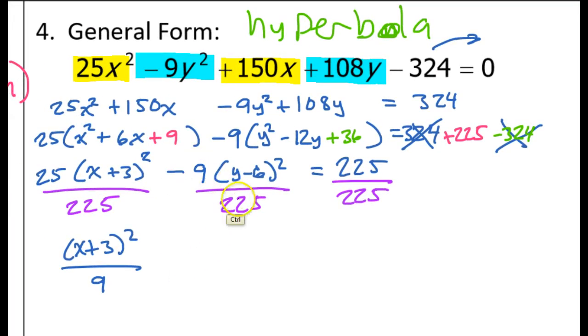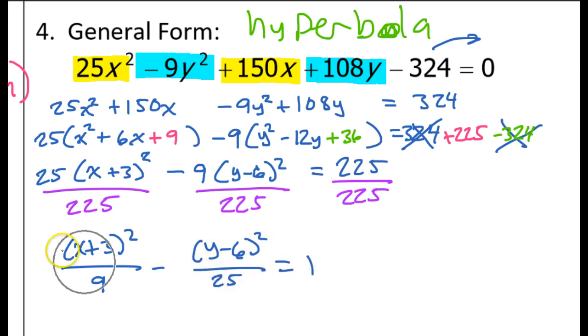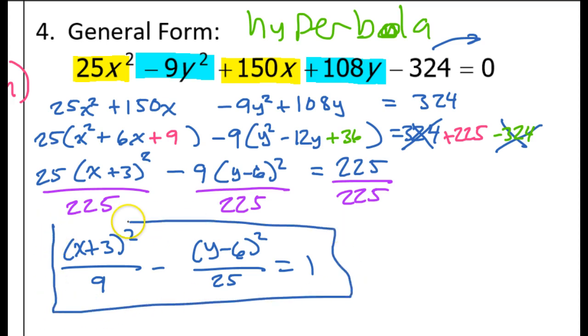So 9 must go into 225 25 times because of what I just saw. So this will be minus y minus 6 squared over 25 is equal to 1. So there it is. This is the standard form equation.